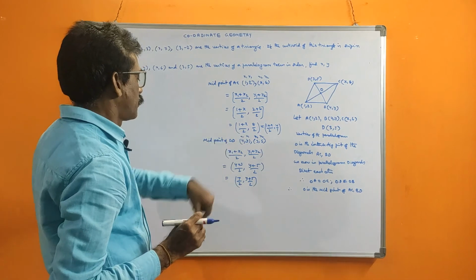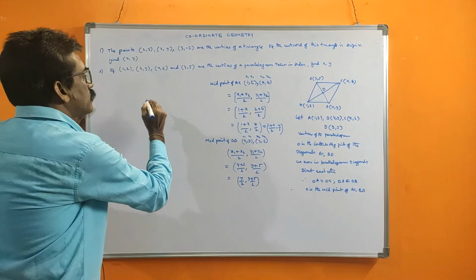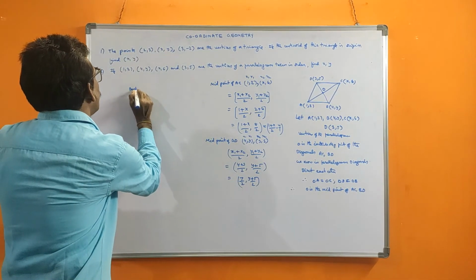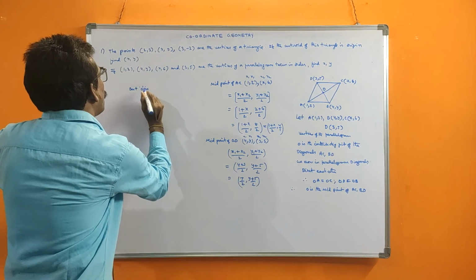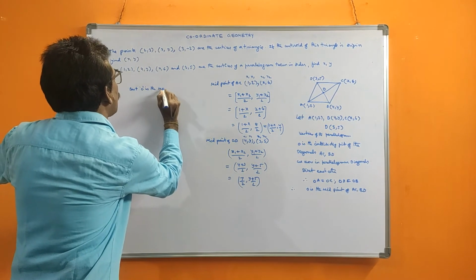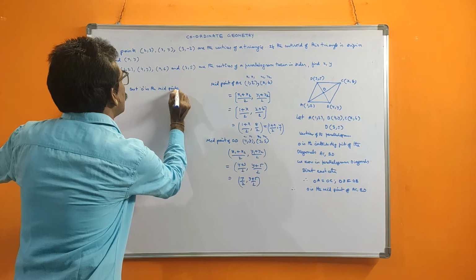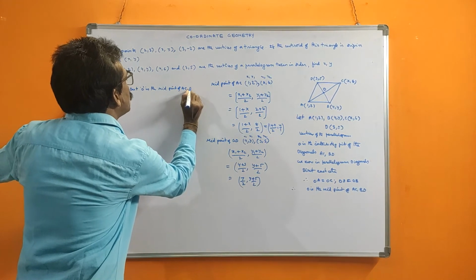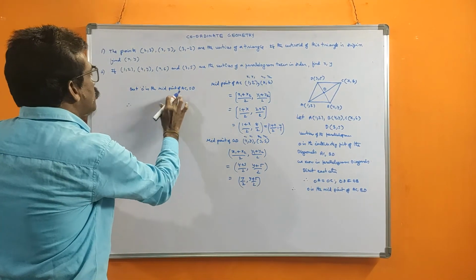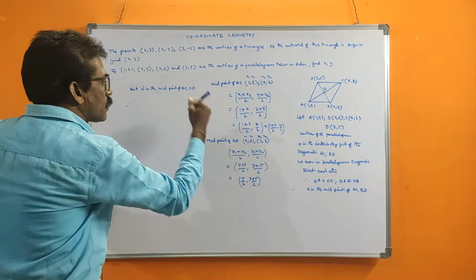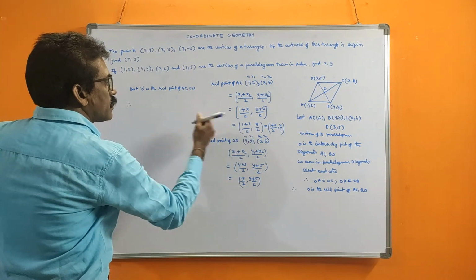Now, O is the midpoint of AC and BD. Therefore, both you equate.